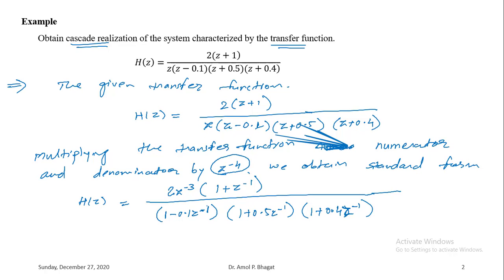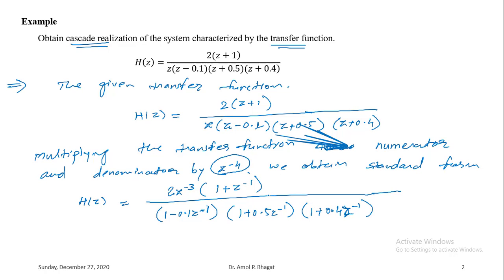The first z inverse multiplied by z will be 1. Another z inverse will be multiplied with the first bracket, the third with the second bracket, and the fourth with the third bracket. So we'll get this term.